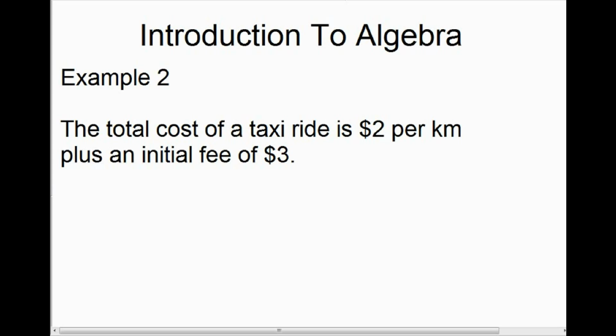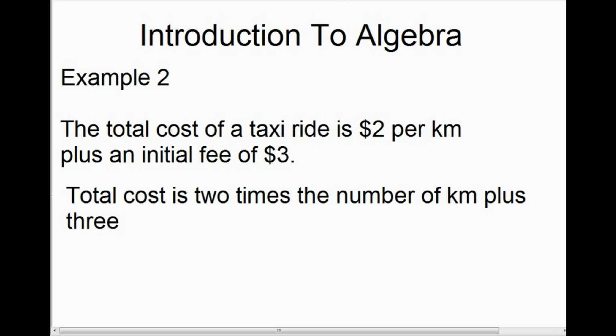So if we want to simplify this and just write this as a sentence in terms of how we calculate the total cost, we would probably write something like this, where we calculate the total cost by multiplying 2 times the number of kilometers, and then we have to add 3 because our initial fee was $3.